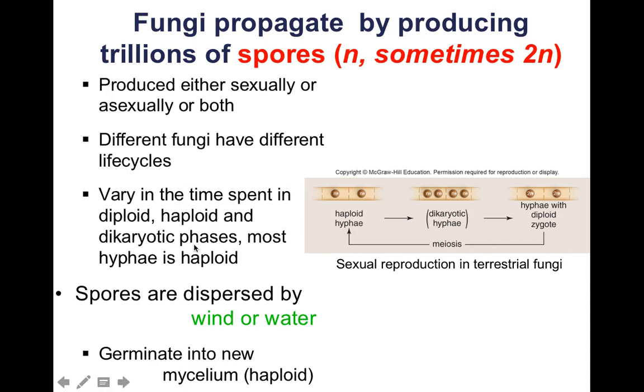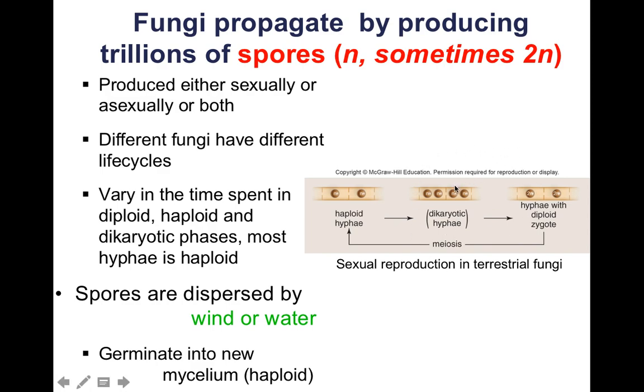So all these life cycles are going to vary in how long the different generations last, and how prolific the diploid, the haploid, and what's called the dikaryotic phases are. So you know what a haploid phase is. Haploid is when a cell only has one copy of each chromosome.